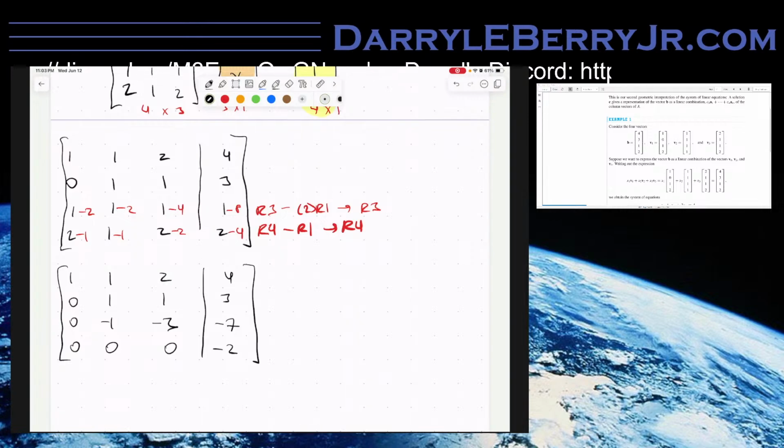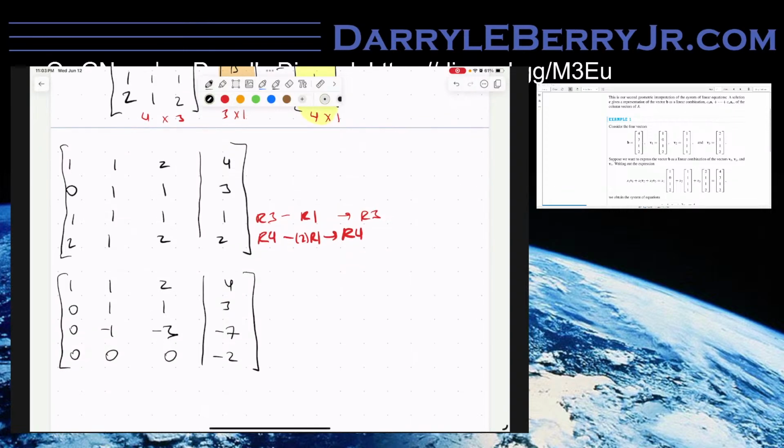So with that correction, I need to change my multipliers as well. So this will actually be minus row 2 and minus row 1. And this would be the minus 2, row 1. So let me erase all of this. So this is just minus whatever row 1 is. So minus 1, minus 1, minus 1, minus 2, minus 4.